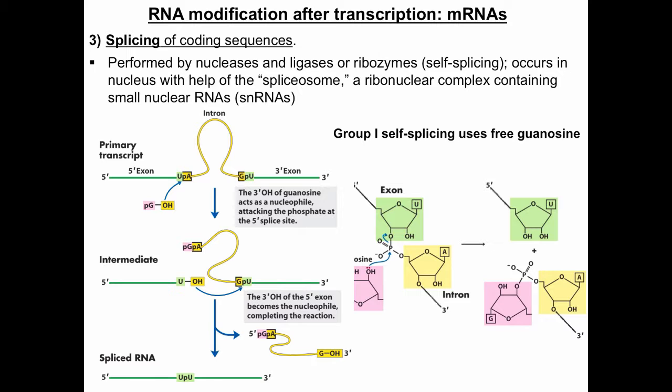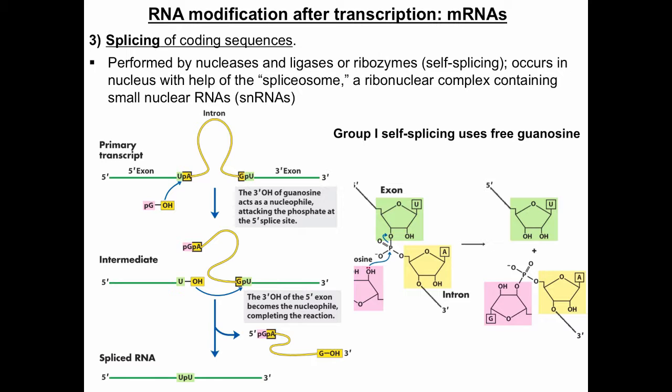Here's your primary RNA transcript. This is the 5' exon, here's your intron, and here's your 3' exon. Remember, the goal here is to remove the intron sequence.